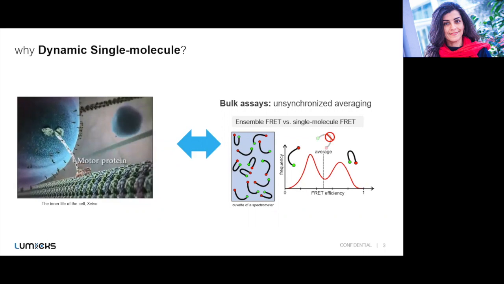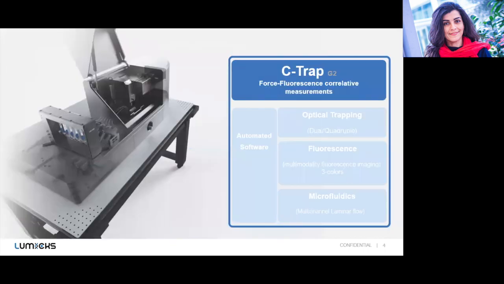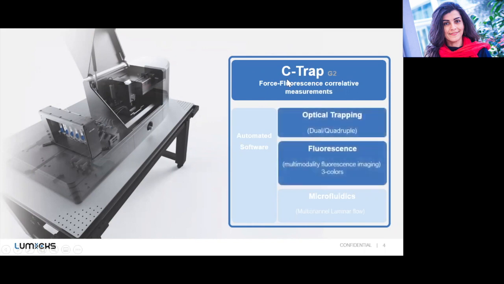Different single molecule techniques have been developed over the years, and the technology that we are introducing to you today is called C-Trap. And what makes it powerful is that it's a combination of optical trapping and fluorescence microscopy.